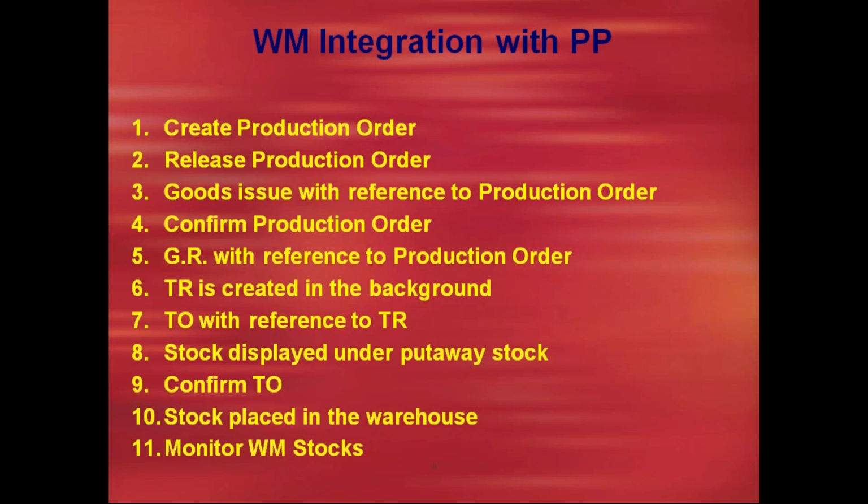Then we create a production order. Then we need to issue the raw materials. So raw materials are issued from stores to the production department. Then they will take the raw material stocks, they will consume, and they will produce the finished component. So finally we create a GR against the production order.